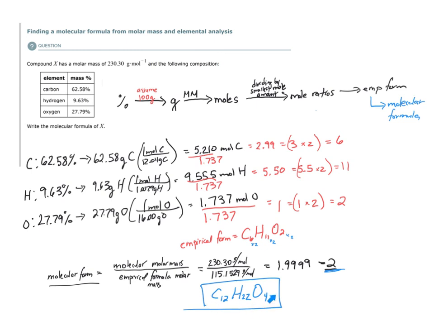All right, so this is our molecular formula, and we just follow the same steps to get to the empirical formula, and then we use this equation right here to find the multiplier we need to use to convert from empirical formula to molecular formula.